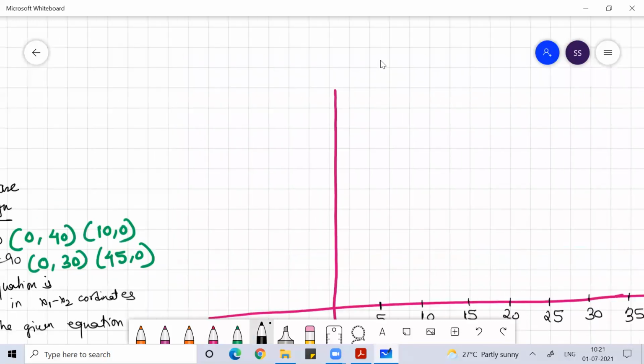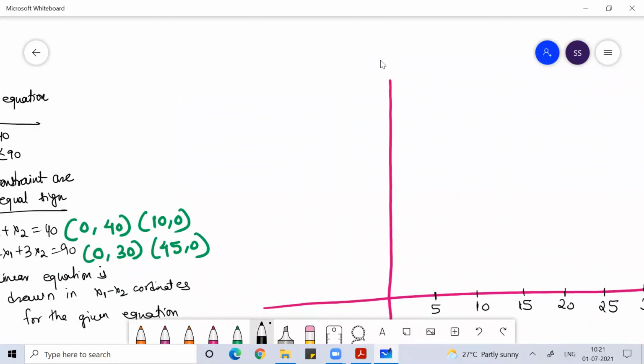And for x2, you get this margin for the graph. You can determine by yourself, looking at the data and how much space you have.